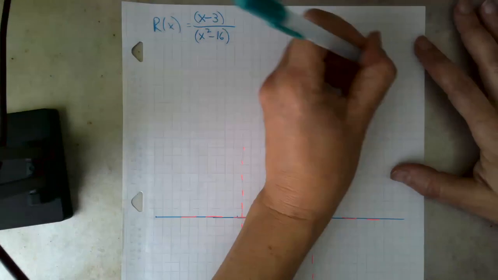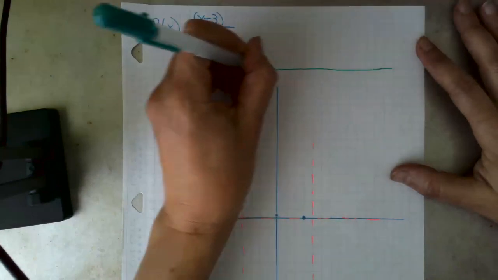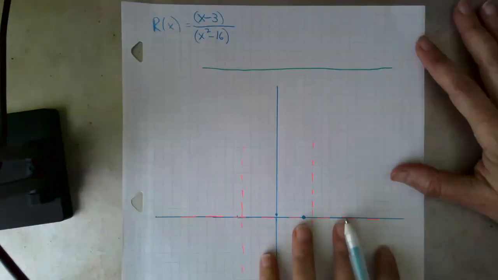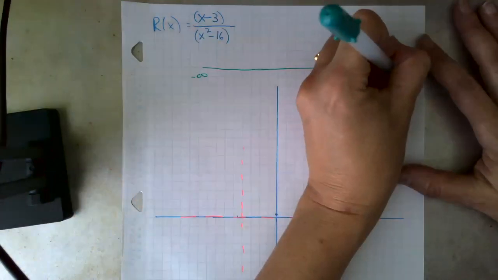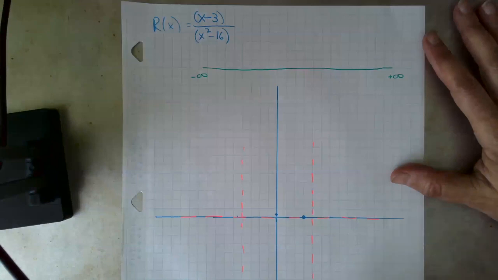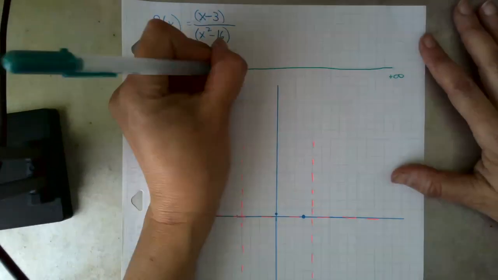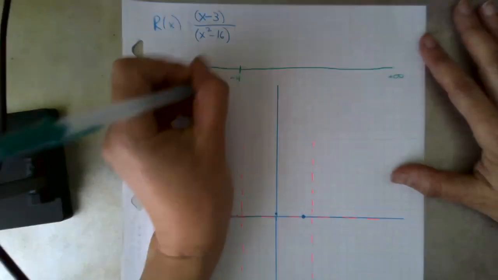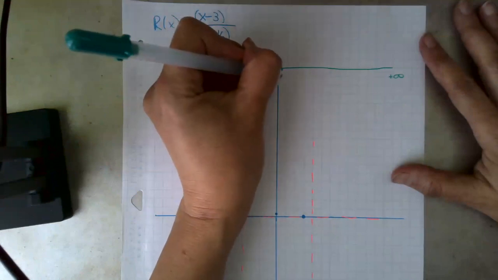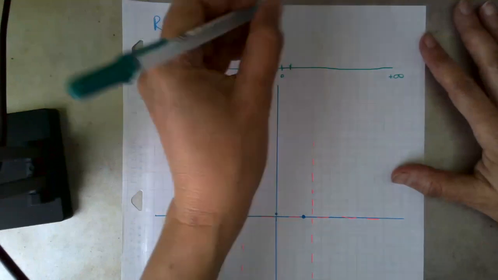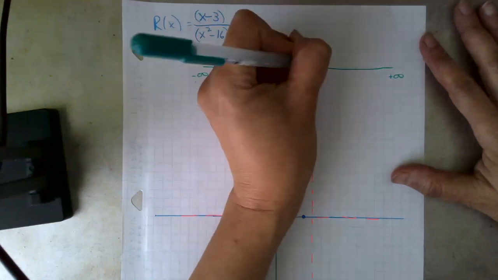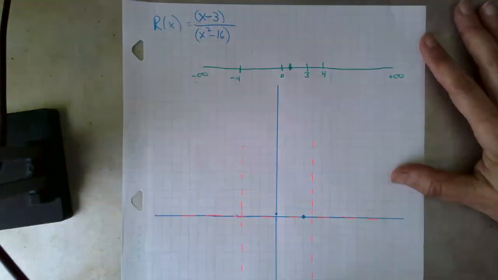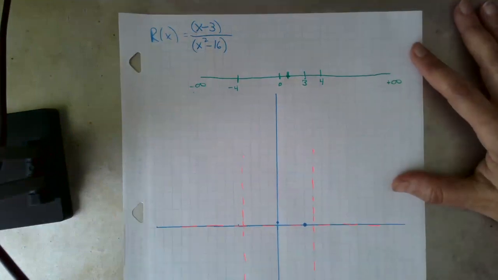So what we're going to do here is make a number line. Over here we have -infinity, over here we have +infinity, and then we're going to plot our interval points. So we have our -4, we have our 0, we have our 3, we have our 4, and then we have +infinity.